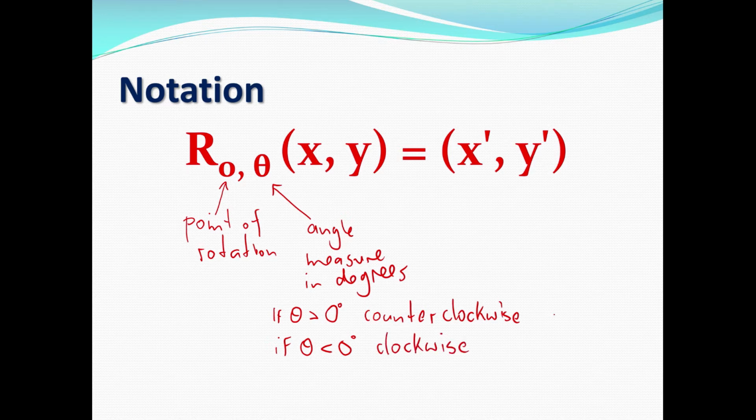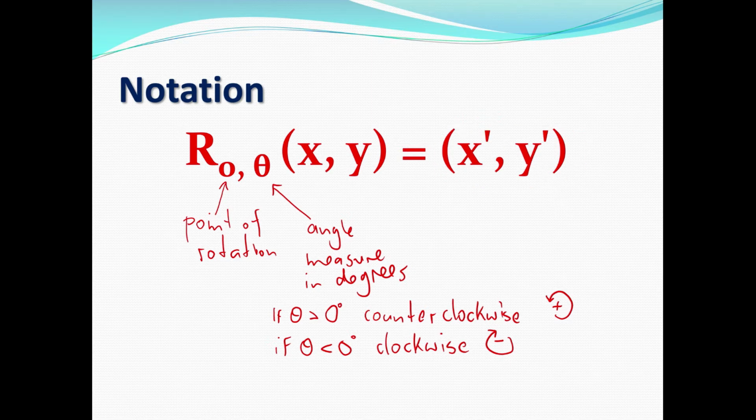Again, counterclockwise means this way, and clockwise means this way. So we can put a positive here and a negative here. And I know it seems a little bit counterintuitive, but that is basically notation in mathematics and also in physics, often you can see that, okay? So in this case, you're actually rotating some point (x, y), and you end up with the image, which is (x prime, y prime), okay?